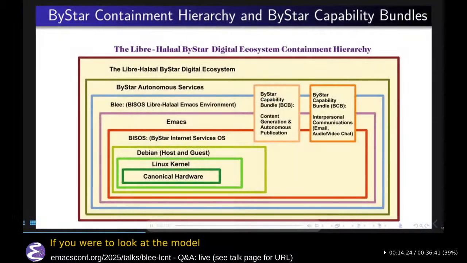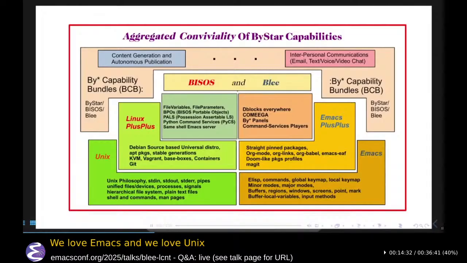If you were to look at the model that I introduced as containment hierarchies, it would look like this. We love Emacs and we love Unix because their design is convivial. By convivial, I'm referring to Ivan Illich's concept and terminology of tools for conviviality. It was first published in 1973. It's a must-read.